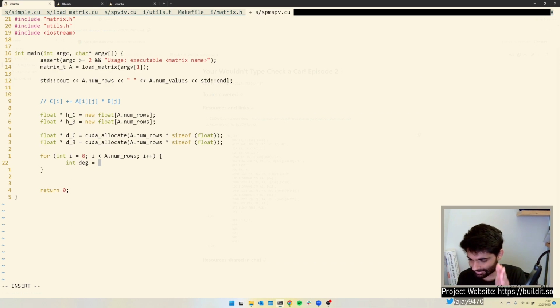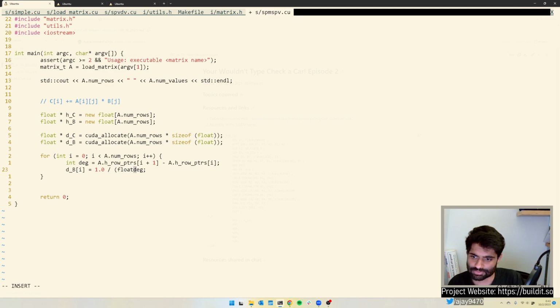So where does the index for the next row start versus where does the index for this row start? We say a dot h row ptrs of i plus 1 minus a dot h underscore row ptrs of i. We're going to use the host side buffer for this one. Now this gives us that degree, and now I can say h underscore b of i equals 1.0 divided by degree.